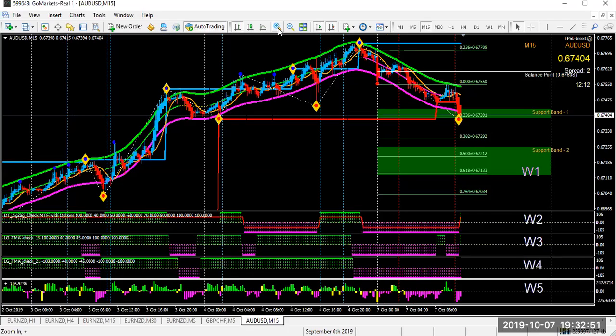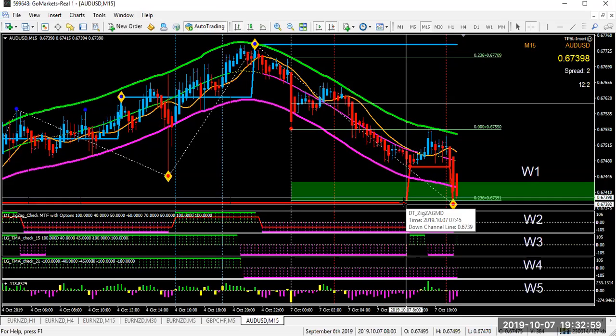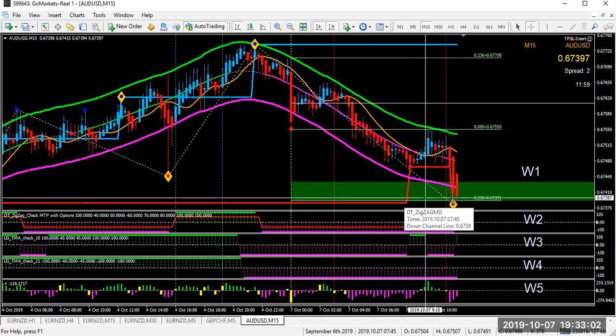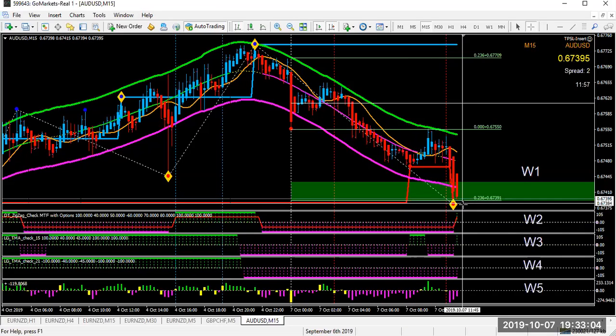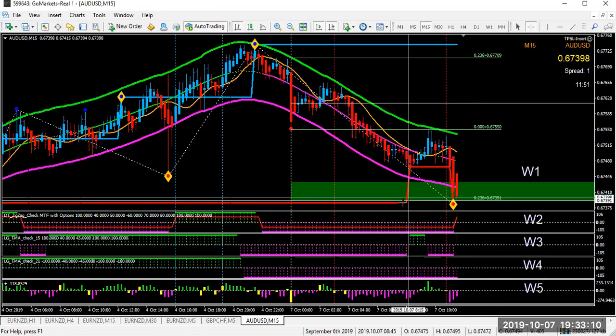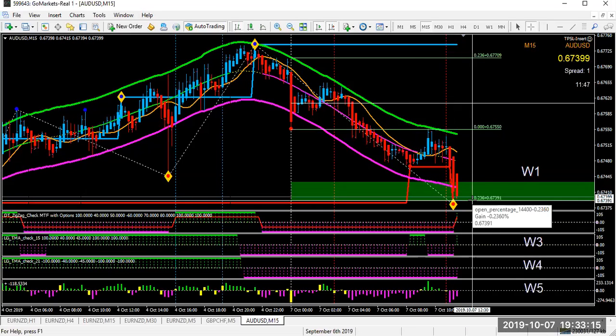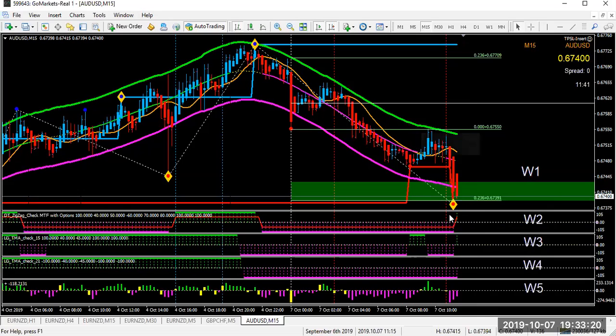So on 8cap, the 15-minute channel line just continued across. But you notice that the band and the channel line are all in similar locations. And once again, our shading is all there.